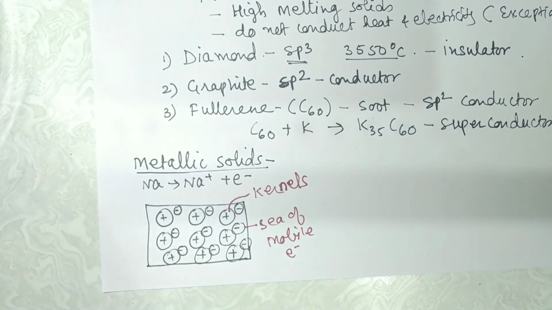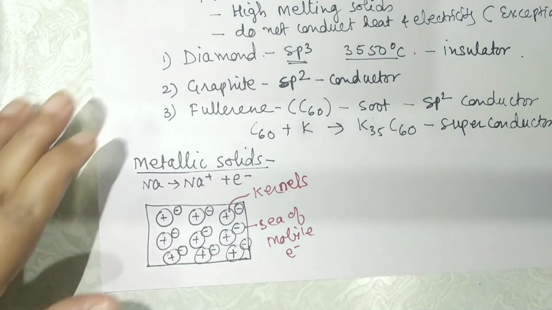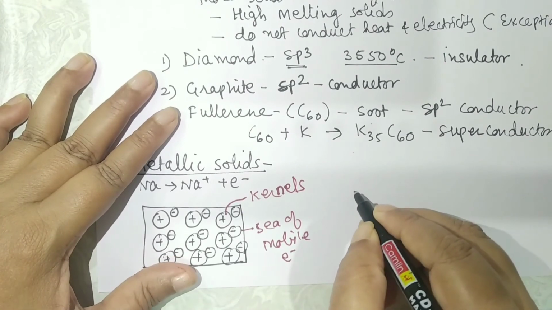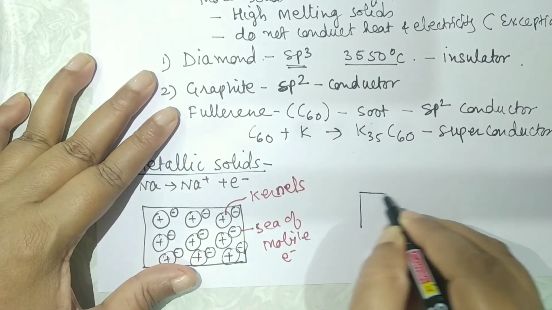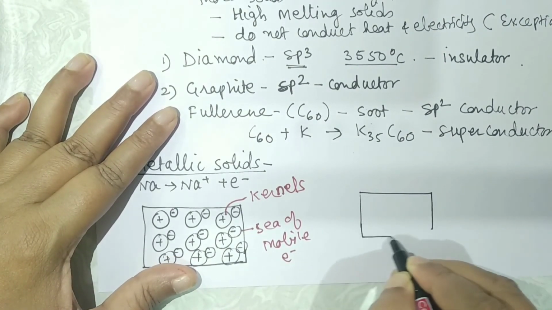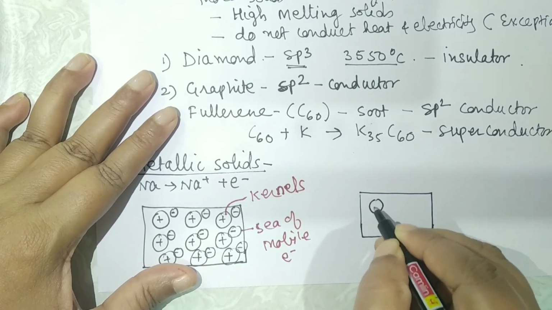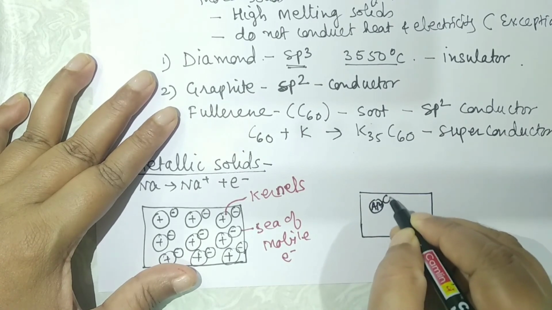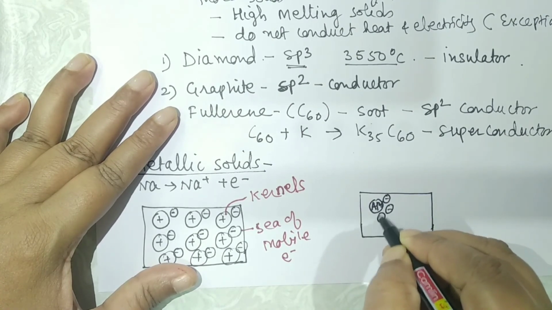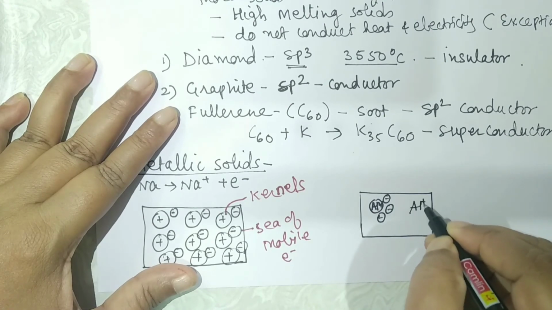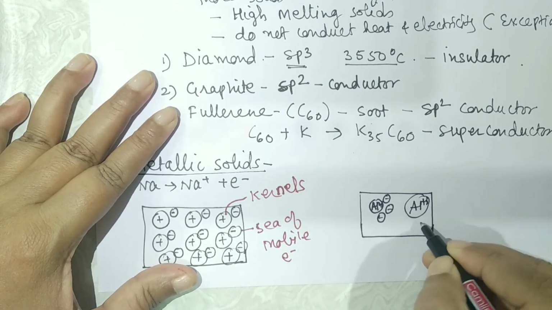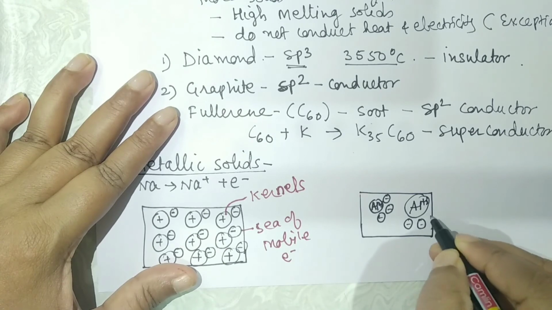Now, as the number of mobile electrons increases, the strength of the bond also increases. What I mean by that, if I take aluminium, for aluminium crystal, every aluminium ion will be surrounded by 3 electrons. So if I show the aluminium 3+, there will be 3 electrons surrounding it.